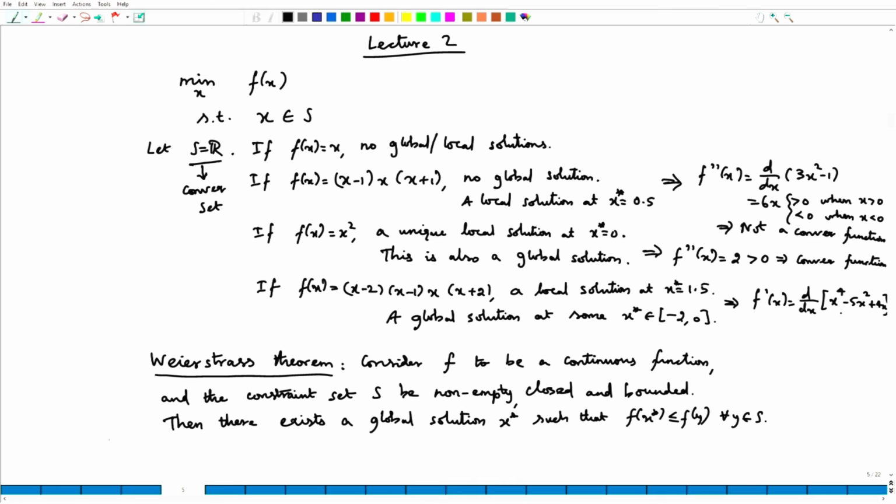So, you can find this out, not difficult. So, this is 4x cube minus 10x plus 4, and f double dash of x is 12x squared minus 10, and this is less than 0 if mod x is less than or equal to root 5 by 6. Okay. So, you can see that this is again not a convex function.